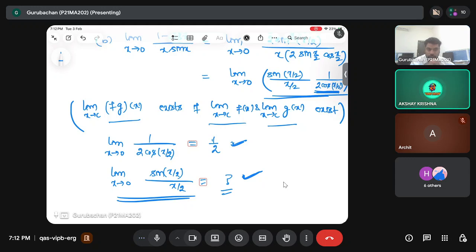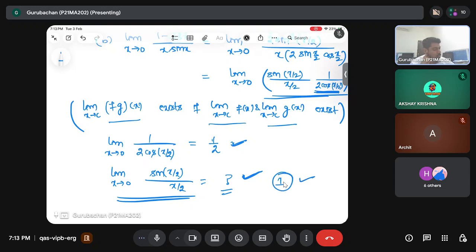Sir, should we take the range of sin x, then make adjustment like sin(x/2) is between -1 and 1? Okay, then, let's wait. I am telling you its value is 1.